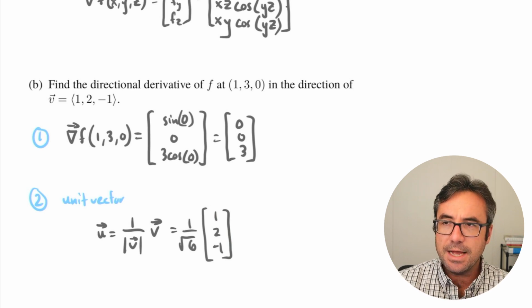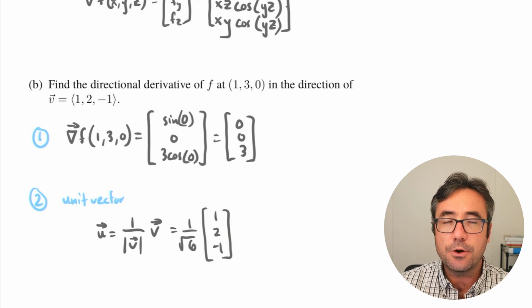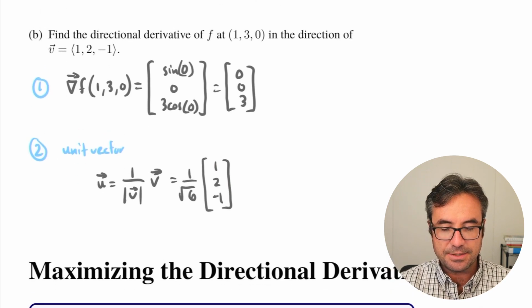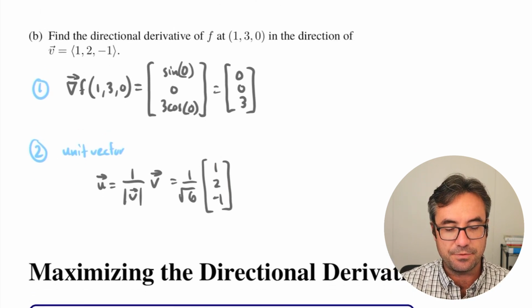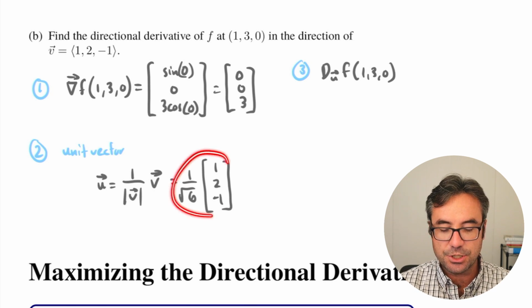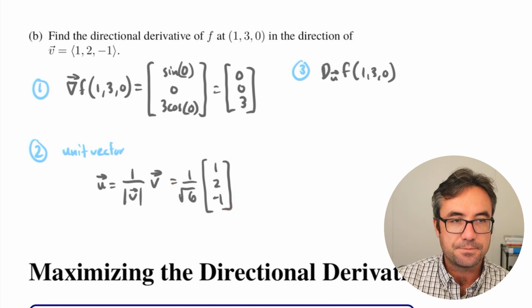Now that we have our gradient vector figured out and our unit vector figured out, we want to calculate their dot product, and that's going to give us the directional derivative. That's the last part of this. We're going to get our directional derivative at this specific point in the direction of this unit vector.